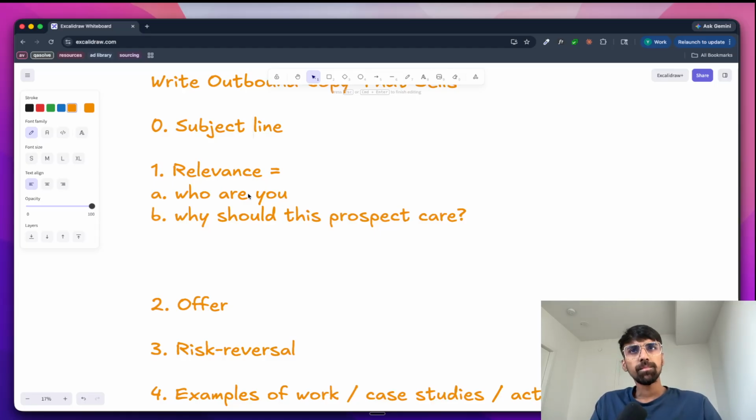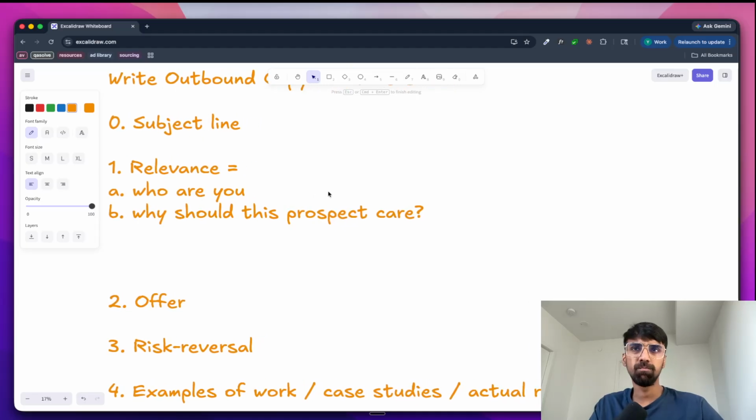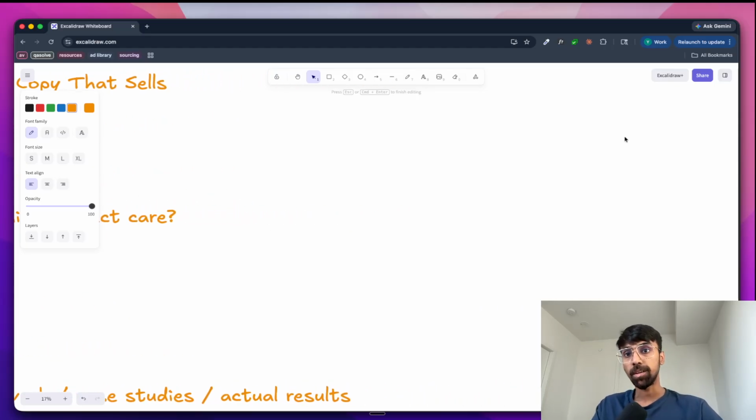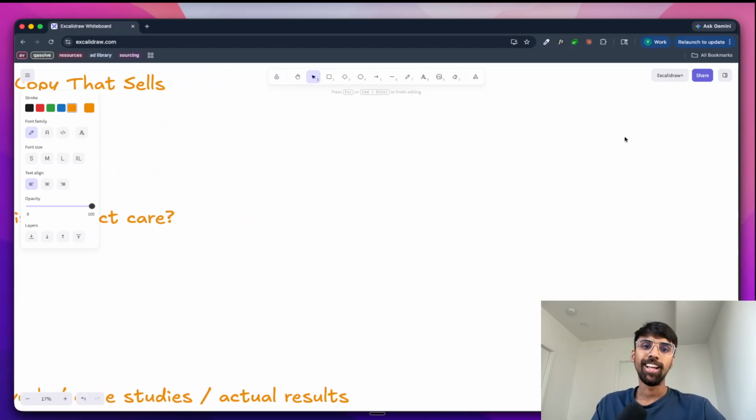So relevance is extremely necessary, and there's a way to do this that just converts better. People think that this email was written as a one-on-one conversation for them and not blasted out to 5,000 people.